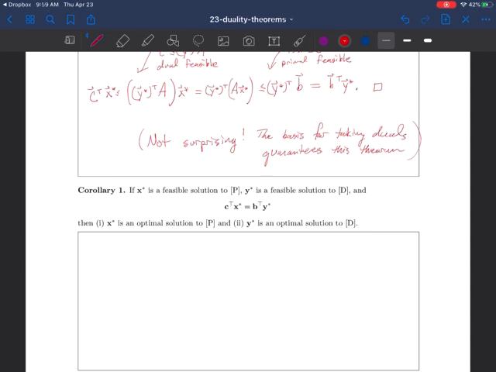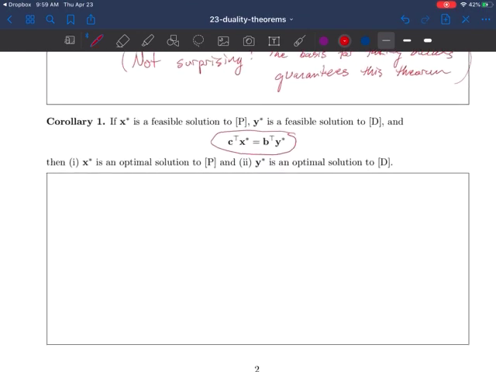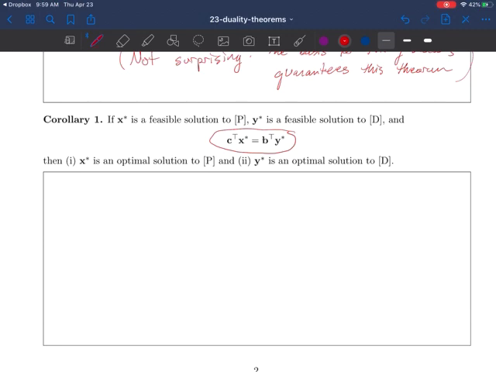The consequences of weak duality are immediate, though. If, for example, you have a feasible solution to P, x star, and a feasible solution y star to D, and you have this, so not just that they're less than or equal to, but that they're equal, then you have optimal solutions. And why is that?